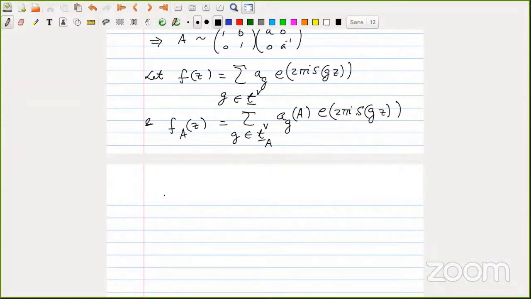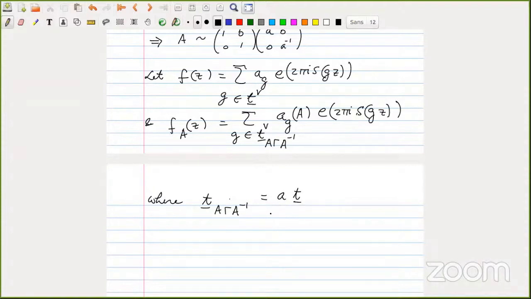This is the place where we need what we have done about the translation matrix for A. So this is A gamma A inverse, and this will be equal to A times D. This is what we saw yesterday.